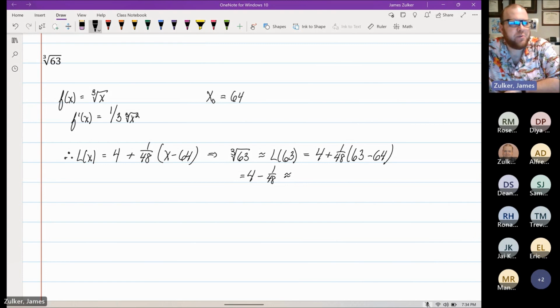Should just approximate that as 0.2. The whole point of this is to not use a calculator, right? Yeah, so I'm just going to go ahead and say, oh, you know, these are approximations, right? So let's say 1/48 is about 0.02. And it's about 2 over 100.